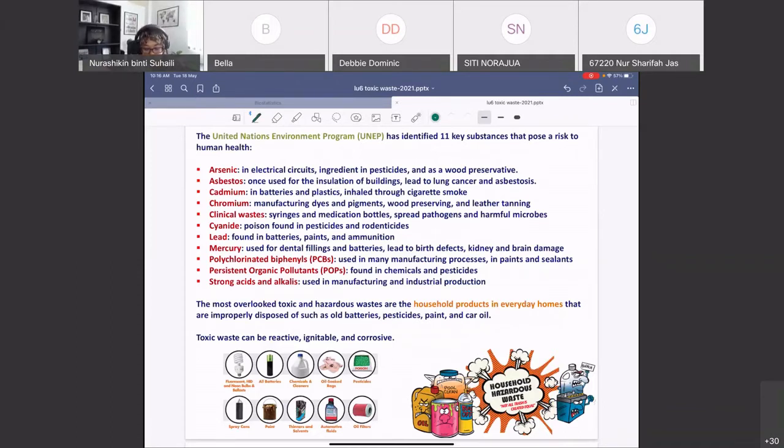So as biotechnologists, you must have that sort of perspective on how you want to tackle this kind of toxic waste from a biotech point of view. Biotech by nature is a field that tries to solve problems, and one of them is these environmental problems, the pollution and the contamination.